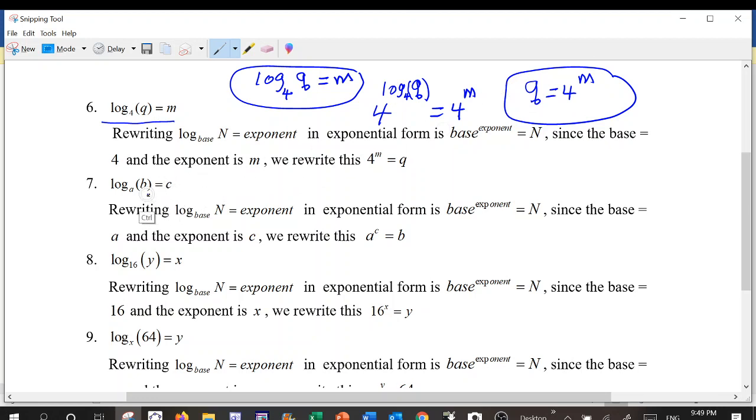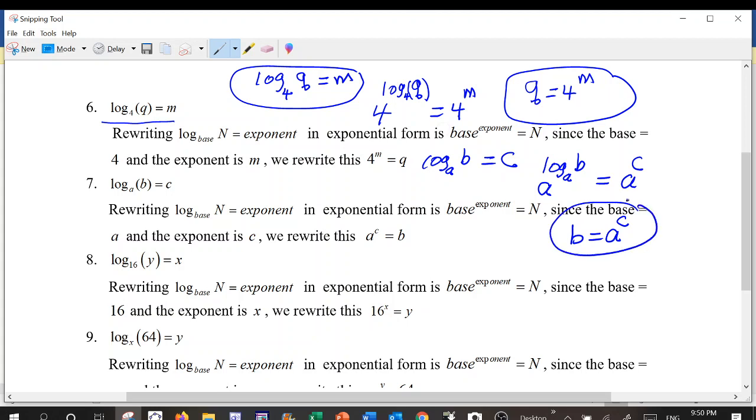Okay, what about this one? Well, that one we start with log base a of b equals c. So we have to take a, which is the base, and raise it to log base a of b, and also raise it to the power of the right hand side. Now this right here is just b, and that equals a to c.